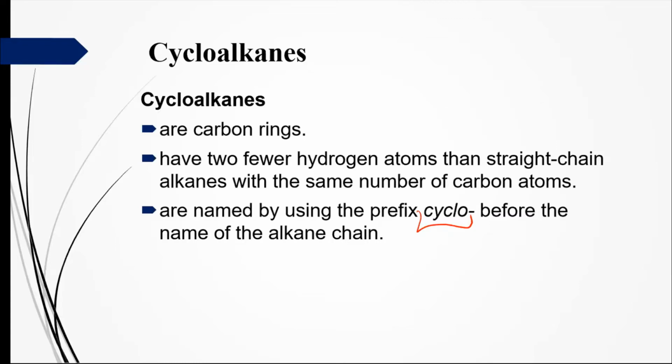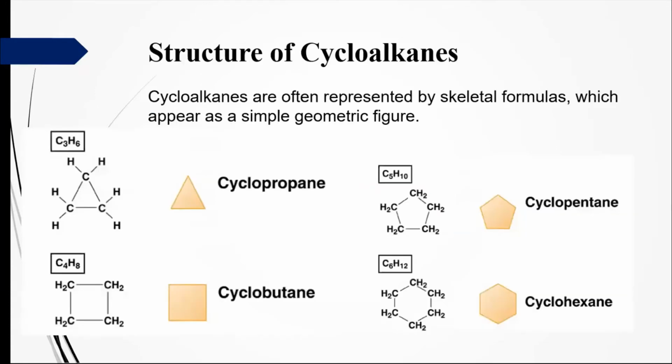So if we have something like propane, propane is 3 carbons. If we had just written propane, we would think that it would look like this. But instead, if we say it's cyclopropane, then we know to connect them in the form of a triangle. And so we try to do it in their simplest geometric shape.